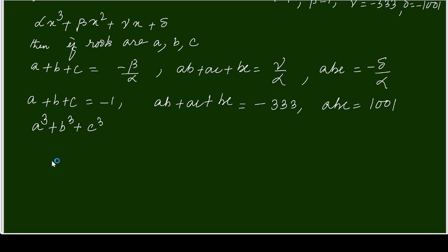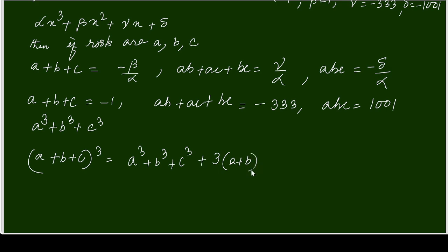For that I am taking the help of A plus B plus C whole cube equals, you can derive this formula yourself also, A cube plus B cube plus C cube plus 3 times A plus B, B plus C and C plus A. So using this formula I am not getting A cube plus B cube plus C cube, because this will not help me.